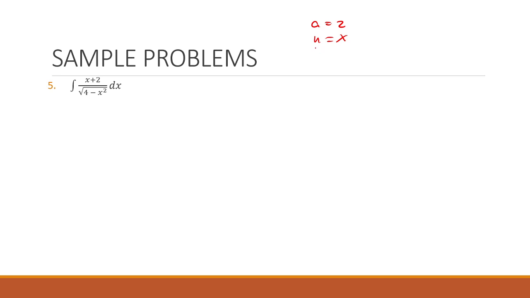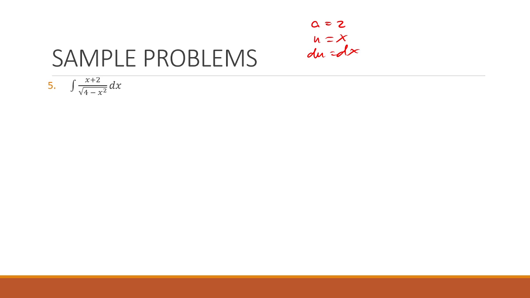Tama? And then du, from u equals x, du is dx. So we should only see, kumbaga, du in the numerator for this to be perfectly integrable using arc sine. Kaso in this case, obviously, it's not the case kasi we have x plus 2.